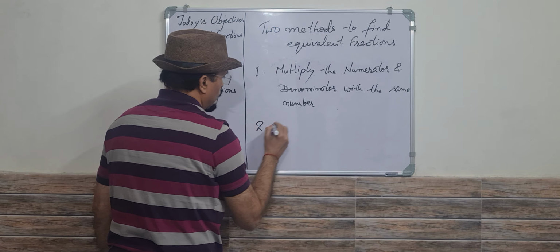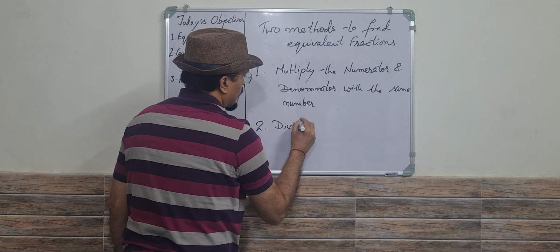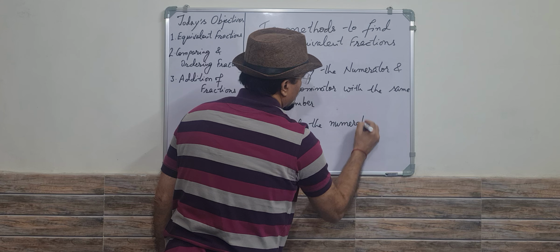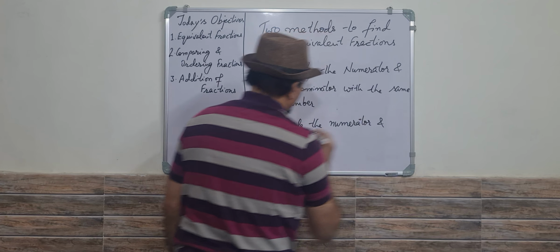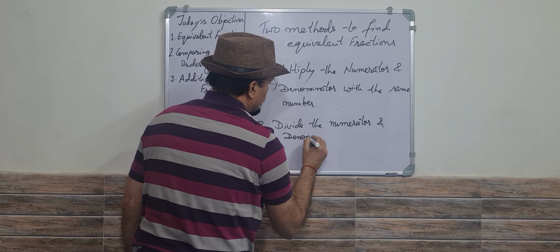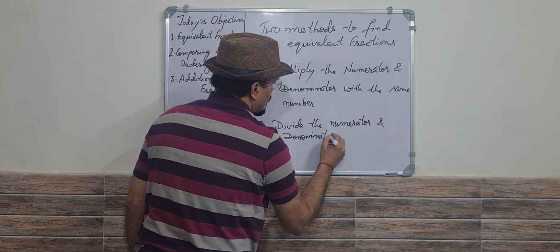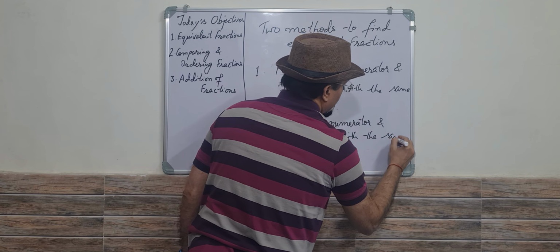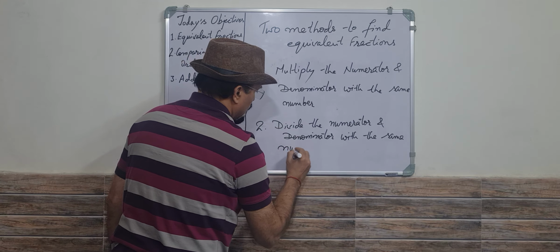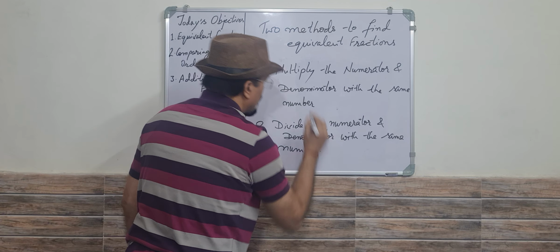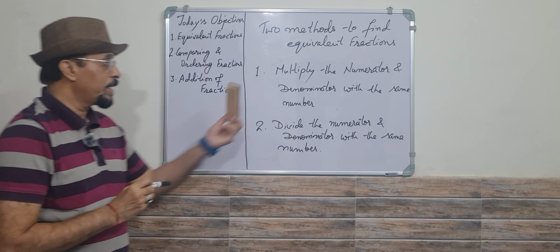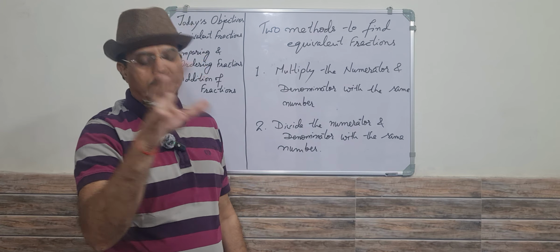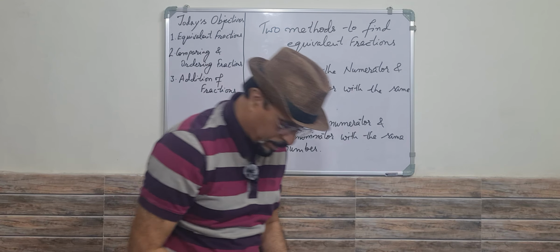And number 2, divide the numerator and denominator with the same number. These are the two methods to find fractions equivalent to a given fraction. I hope I am clear with this.